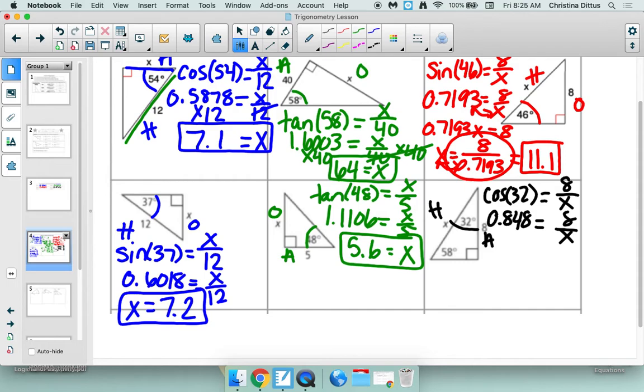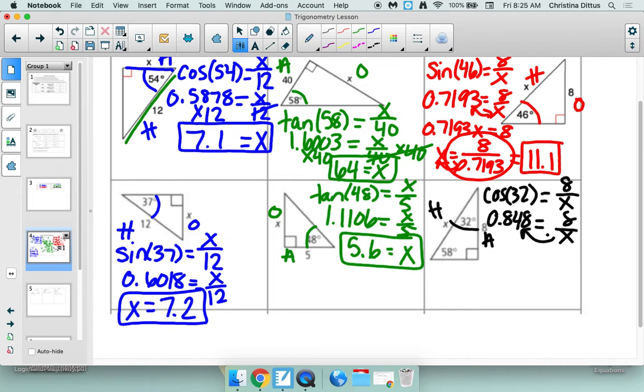Remember yesterday how we talked about how the sine of one angle is the same as the cosine of the other? Because if you pick the sine of 58, you get the exact same thing. That's why it doesn't really matter. You have to pick the right function. Anyway, so Dylan was saying that my x is on the bottom. So how am I going to get x by itself? Divide what by what? 8 by 0.848.